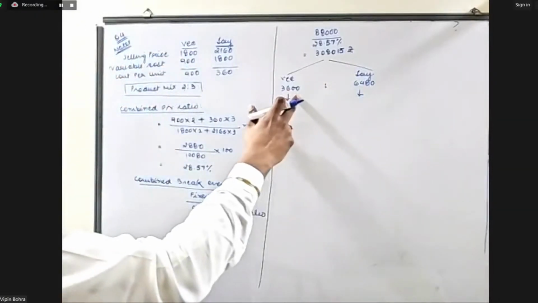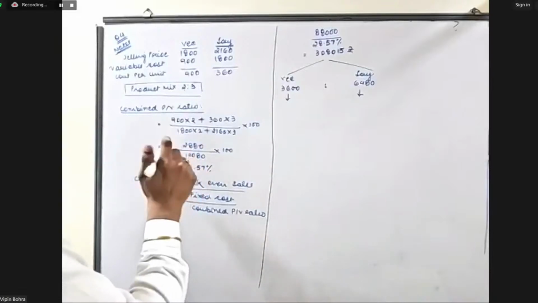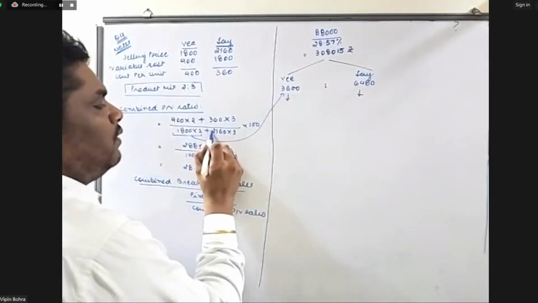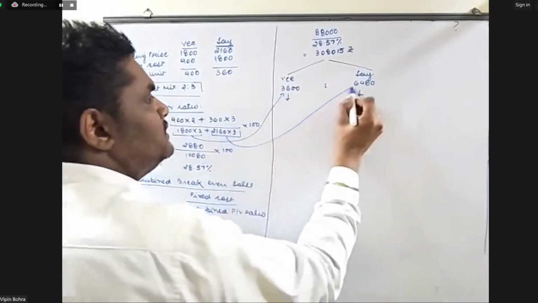How come 3600? That is 1800 into 2 and 2160 into 3.